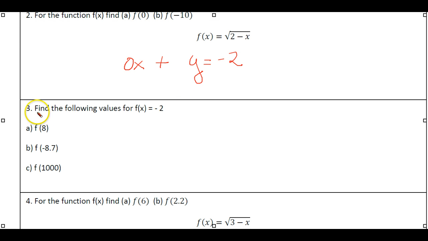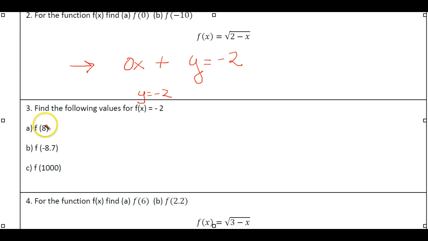And number 3, it's a little tricky, because here they're saying that y equals -2. This is your outcome already. So it must come from a standard form equation in which it's 0x plus y equals -2.